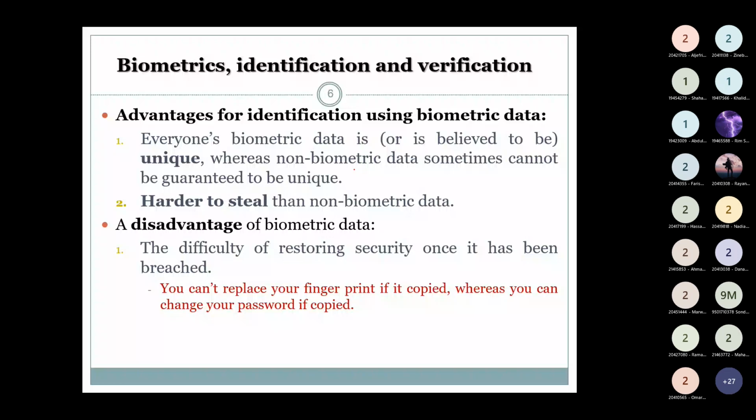So it is hard to steal, and it is unique for the person. Everyone has his or her own biometric data, whereas non-biometric data sometimes cannot be guaranteed to be unique: your signature, your face, some photograph. But with fingerprints and iris patterns, it will be unique and harder to steal.